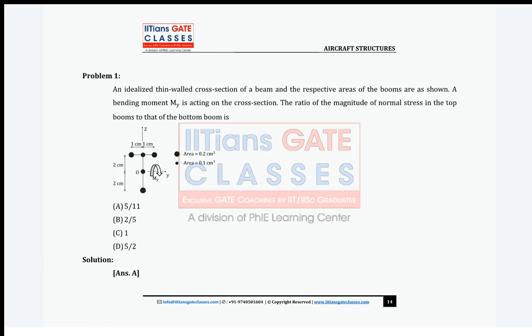Read the first question, what they asked. An idealized thin-walled cross-section of a beam and the respective areas of the booms are as shown. A bending moment My is acting on the cross-section.